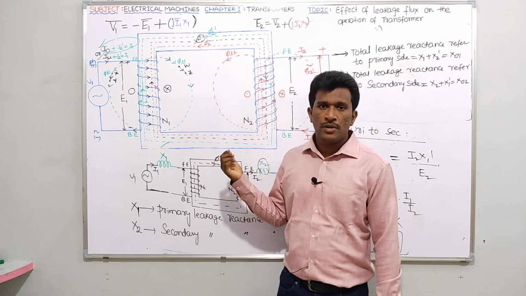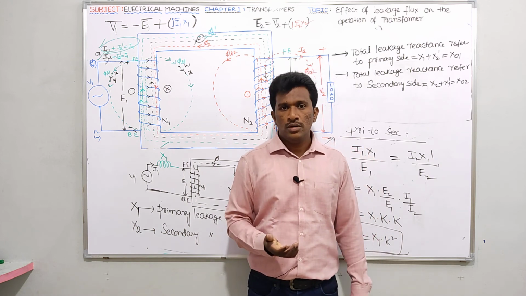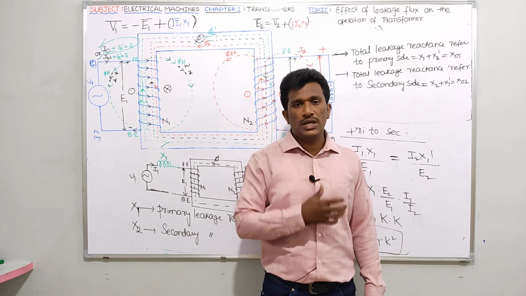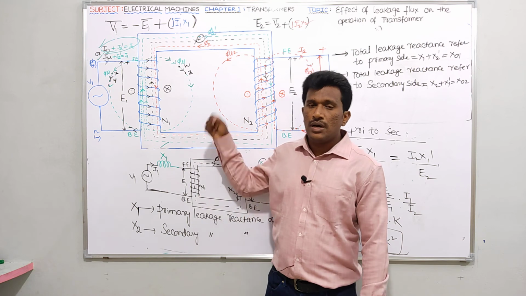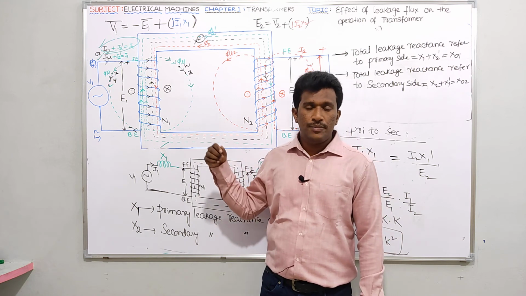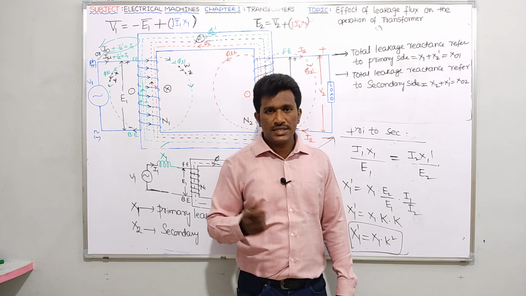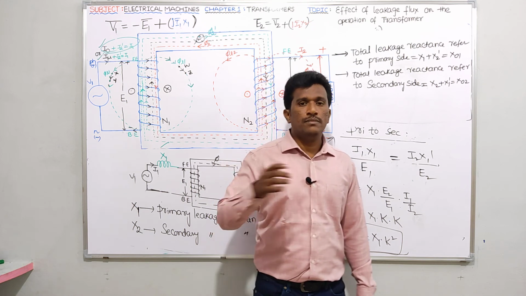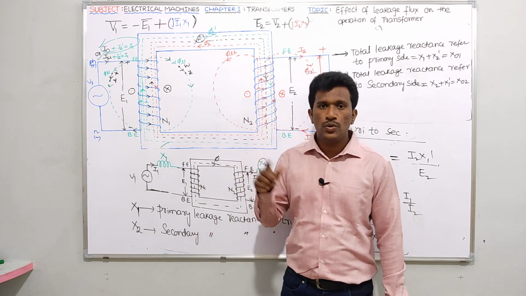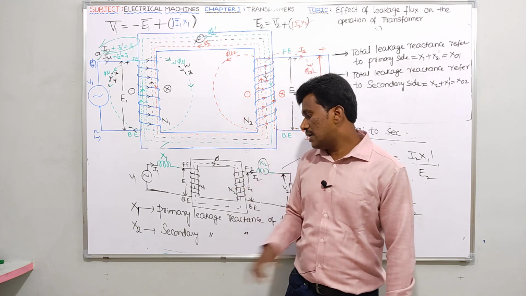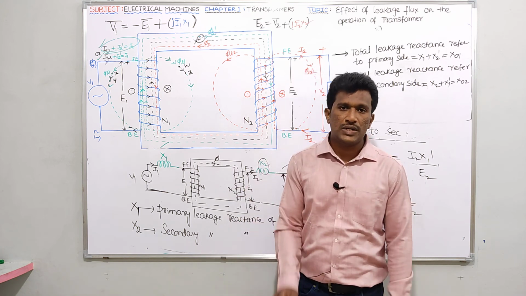Similarly, in the secondary side, if you want to compensate EX2, which I got because of phi L2 leakage flux, if I connect once again an imaginary or fictitious reactance X2 in the secondary side, we can compensate that EX2. That X2 we call the secondary leakage reactance of a transformer.